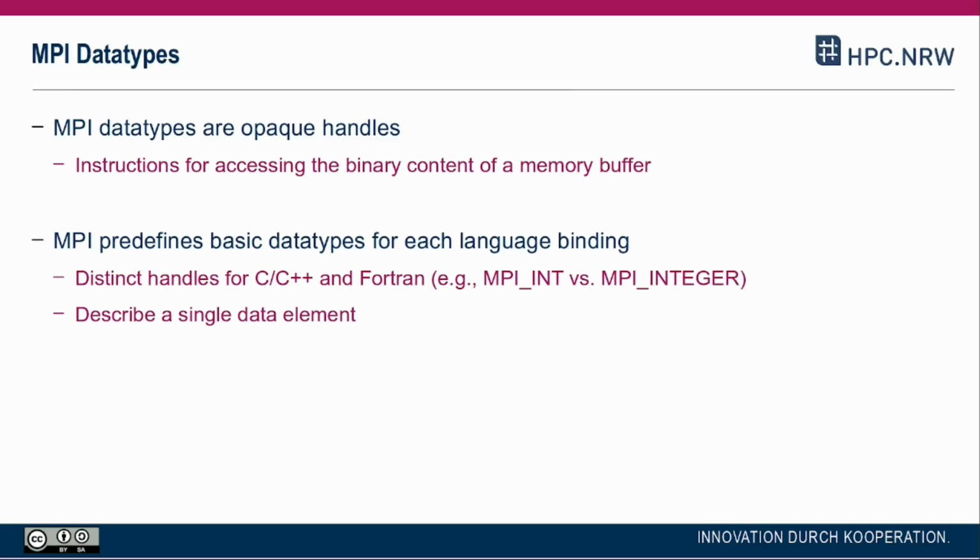The predefined basic types have a corresponding type in the language. And again, you have distinct types for C, C++, and Fortran. So it's MPI_INT for the C part, MPI_INTEGER for the Fortran part.